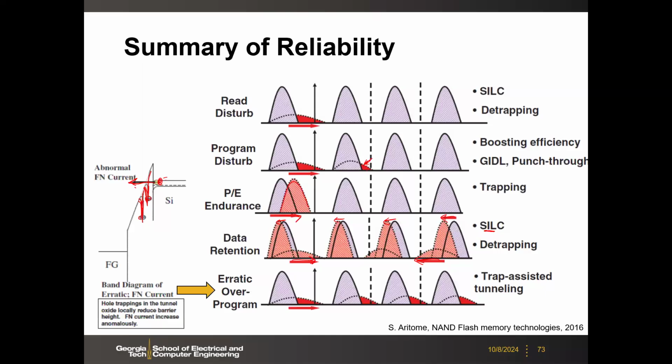Then the electrons do not see much barrier and easily tunnel through. So that will overprogram it. So typically you have a long tail on this side due to the overprogramming. So those are the reliability challenges for the NAND flash.